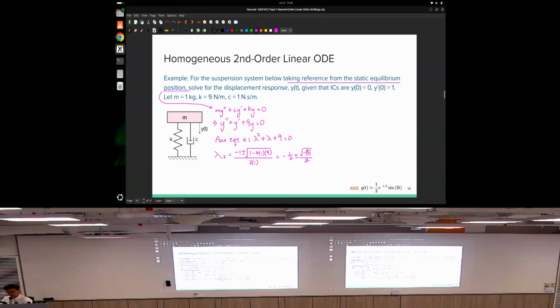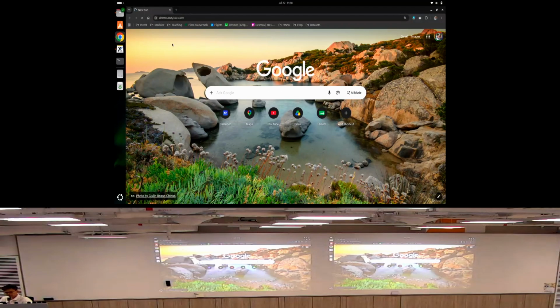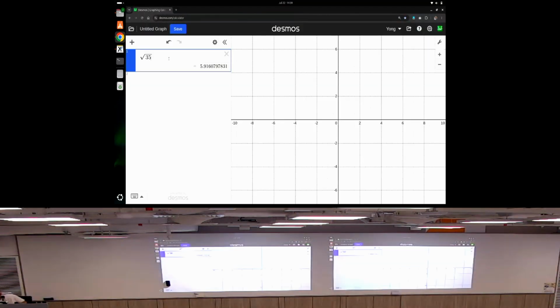Agree, because you root a negative term, so the root of minus 1 can be factorized out. So it'll be minus half plus minus i times root 35 divided by 2. If you take root 35, you get 5.91, but you must divide by 2, so you get approximately 2.96.